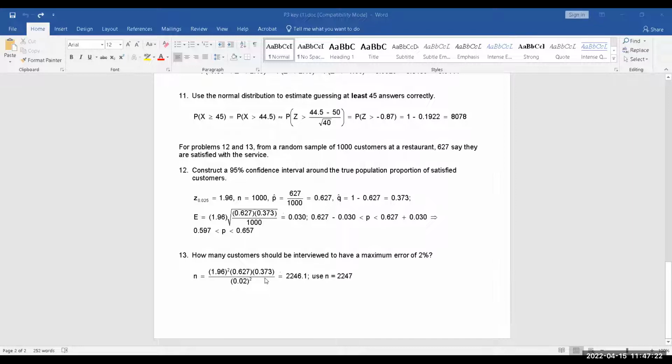So I have never asked any person their opinion about this restaurant. I need to know how many people to ask to ensure that our error is no more than 2%. So I'm going to do the exact same thing.